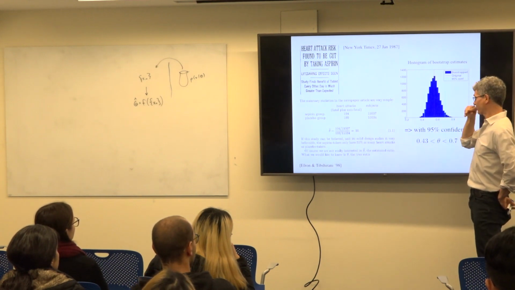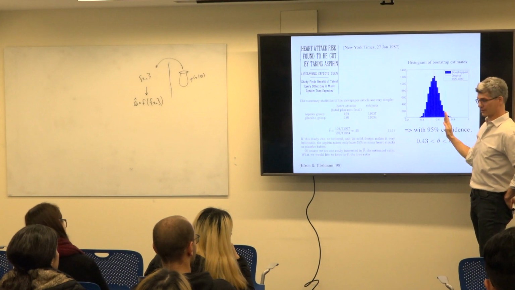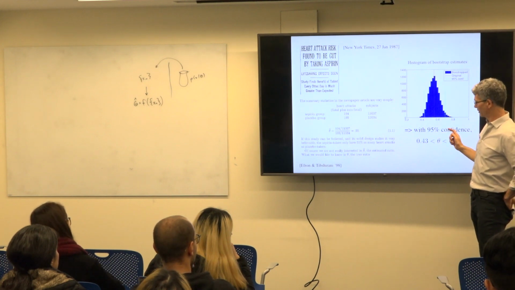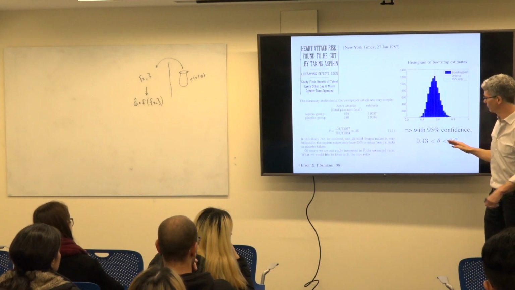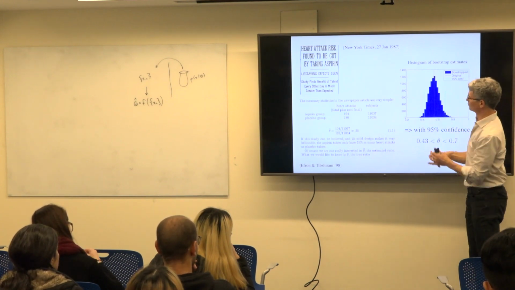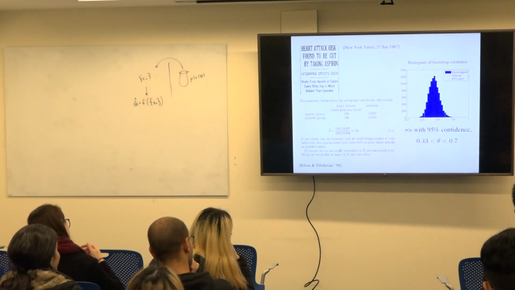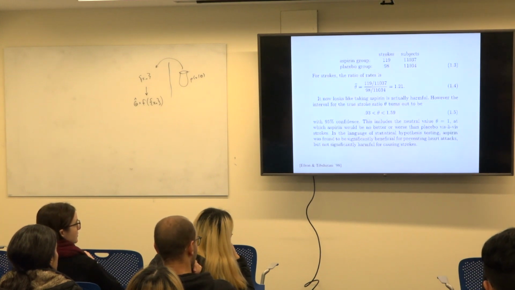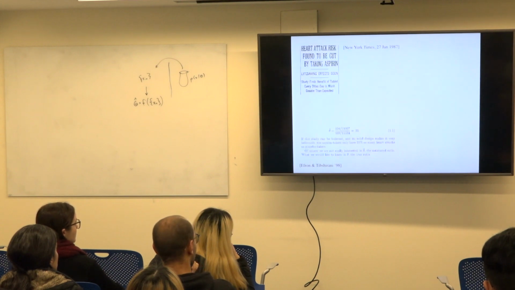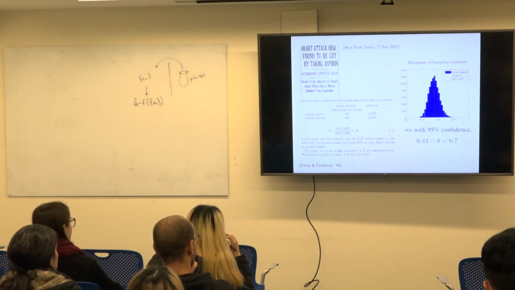What you want to know is what's the confidence interval? If you take the 95% confidence interval, it goes from 0.43 up to 0.7. So you get some idea of roughly what the range is of where you think the true value is. Which does not include 1.